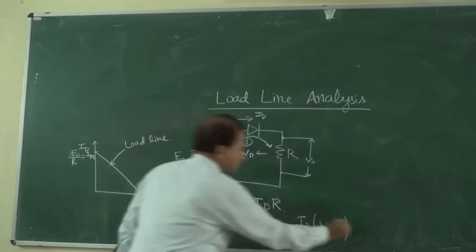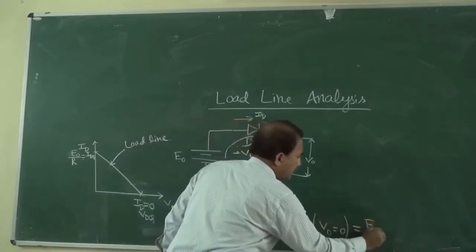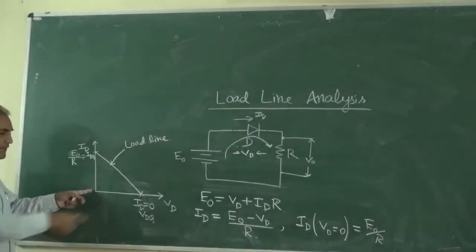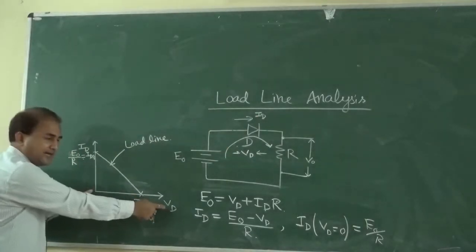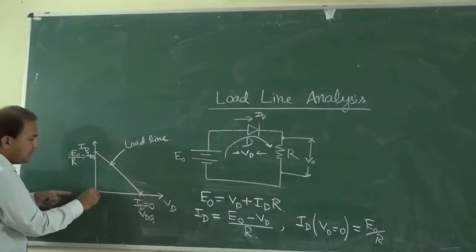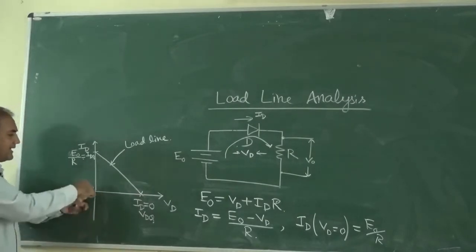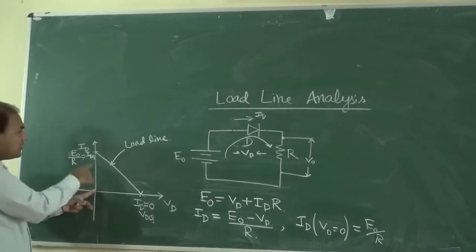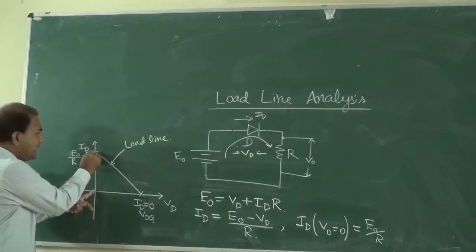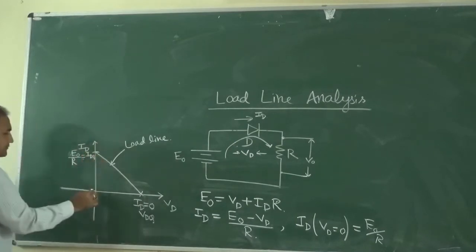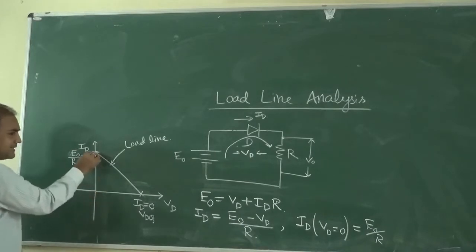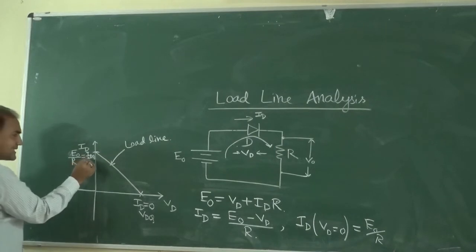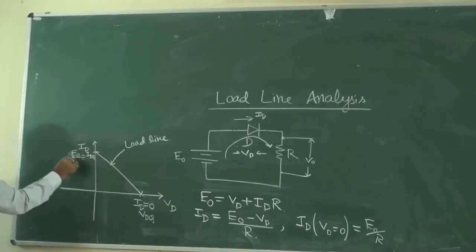So it will be equal to E naught by R. If VD is equal to 0 on this axis, then ID at this point is equal to E naught by R. So it is represented as IDQ, equal to E naught by R.